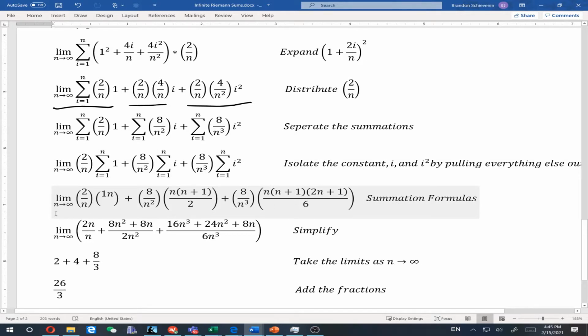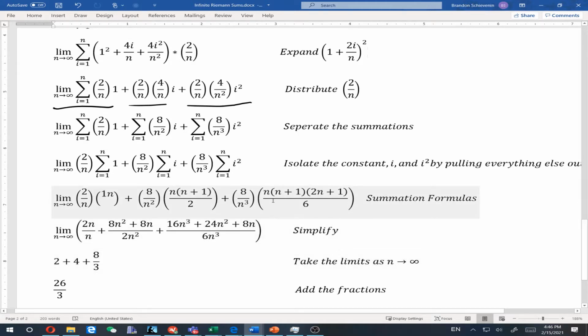Okay, then we simplify according to our limits now. For this first term, my n and my n cancel, and my limit will become 2 for this term. For my second term, I've got 8n squared plus 8 over 2n squared. So my general limit, as we approach infinity, would become 8 over 2 for the constant of my coefficients, which would be 4.